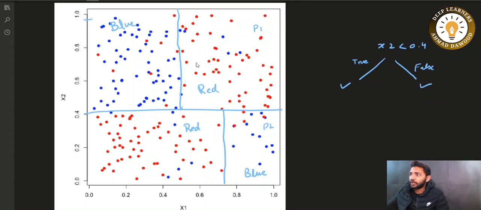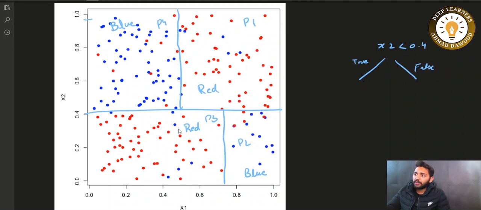Here you can see the decision boundaries. Let's say this is partition 1, this is partition 2, partition 3, and partition 4.